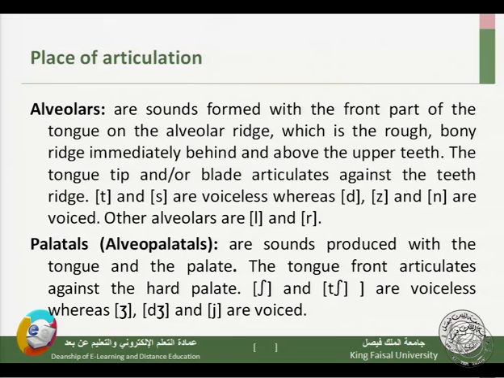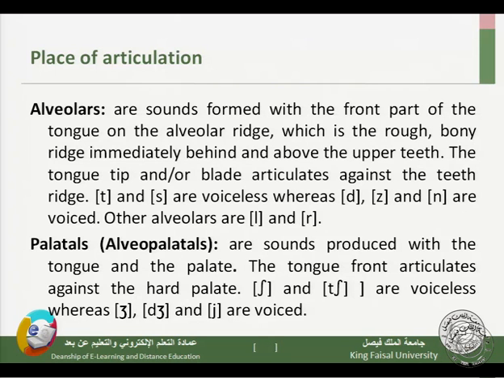So the front part of the tongue acts on the alveolar ridge, which is the rough bony ridge immediately behind and above the upper teeth. The tongue tip and/or blade articulates against the teeth ridge.